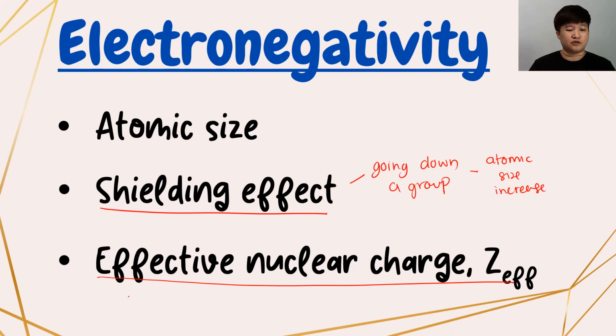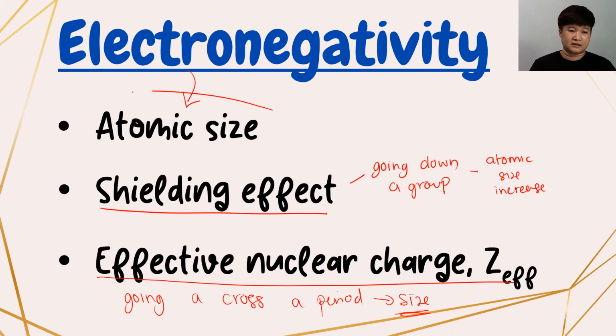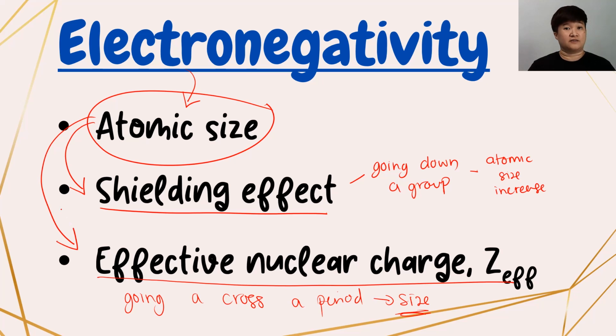We use effective nuclear charge when we are going across a period. Okay, and all that is because of the size of the atom, whether it increases or decreases. So electronegativity, in conclusion, is affected by atomic size. Atomic size has two factors, shielding effect and also effective nuclear charge. And remember, when do we use shielding effect? When do we use effective nuclear charge?